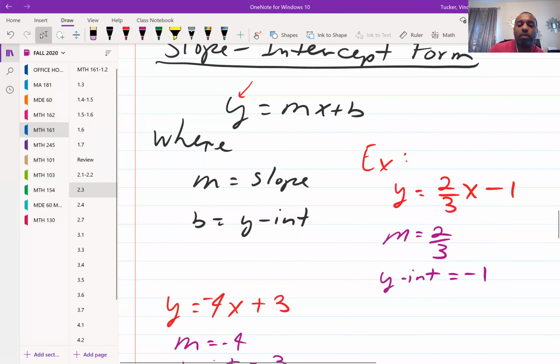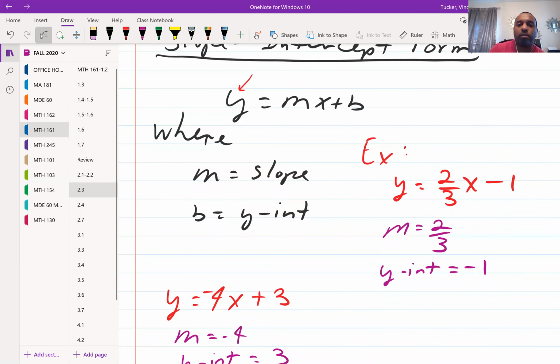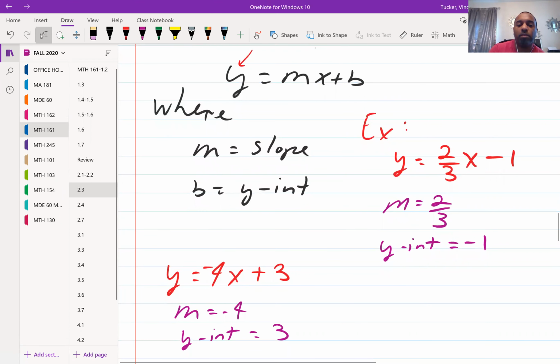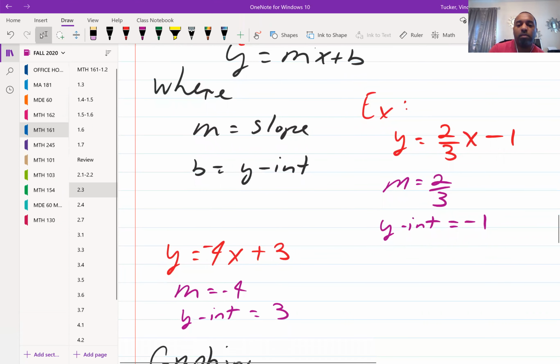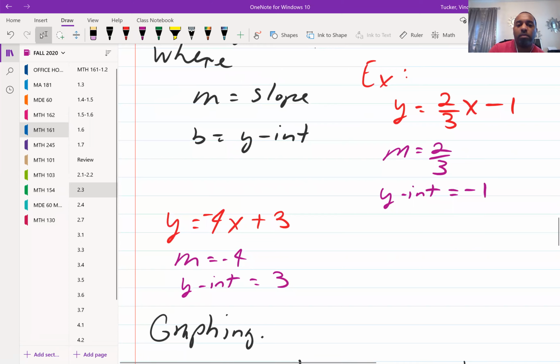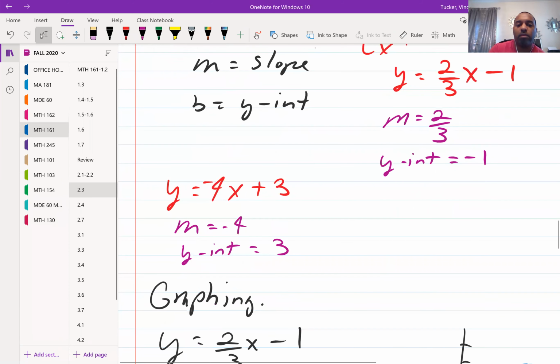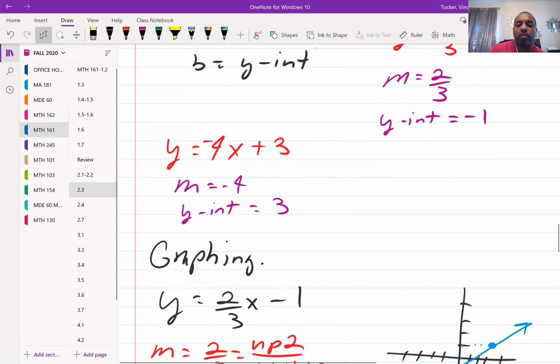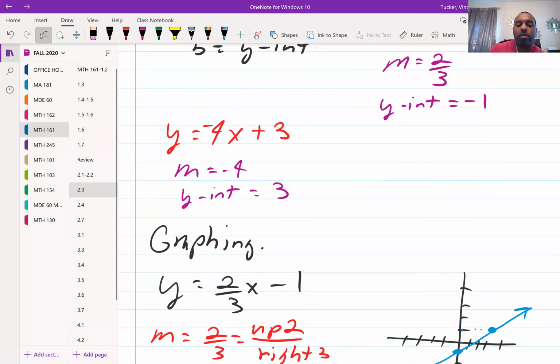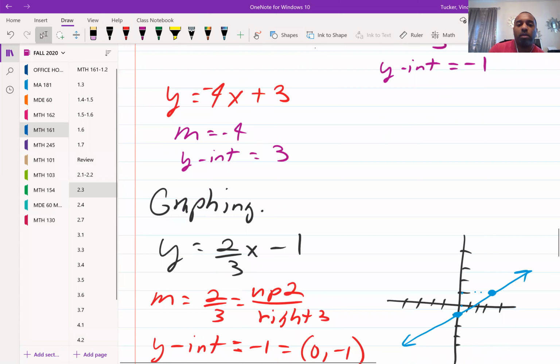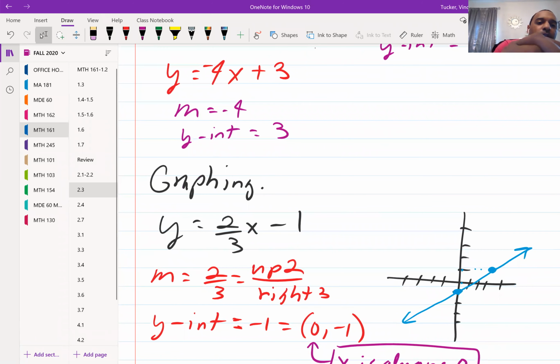Any problems? So I scroll up. All right. So let's look at graphing, using this information to graph.